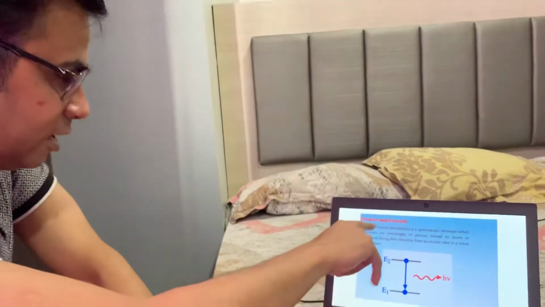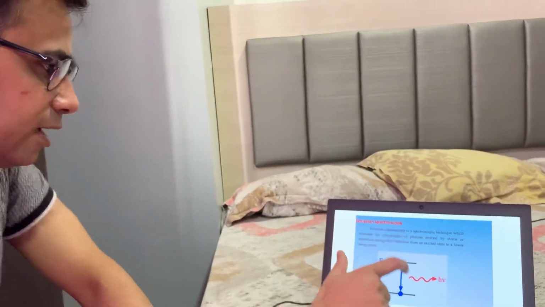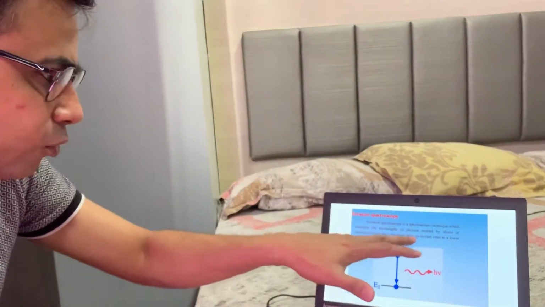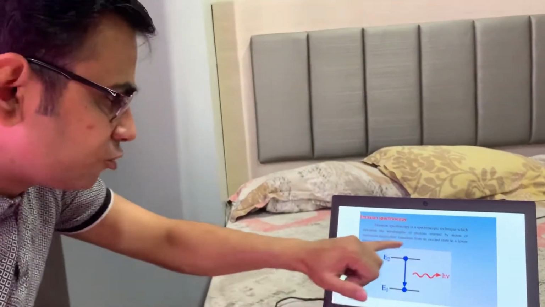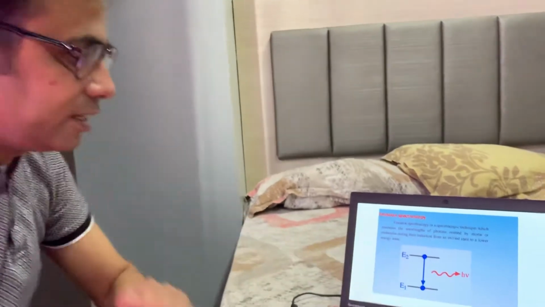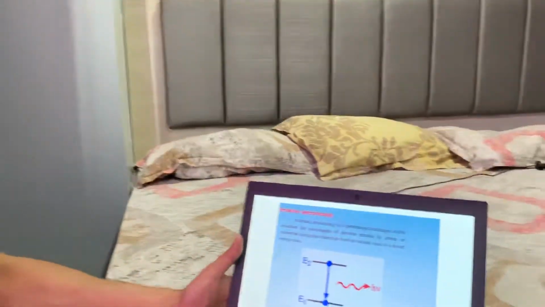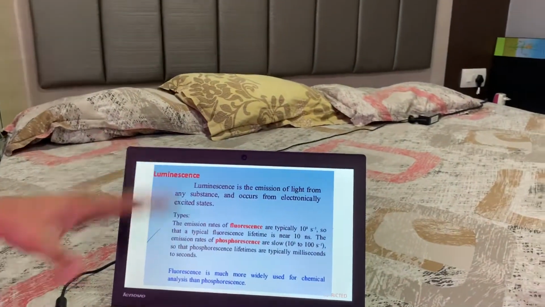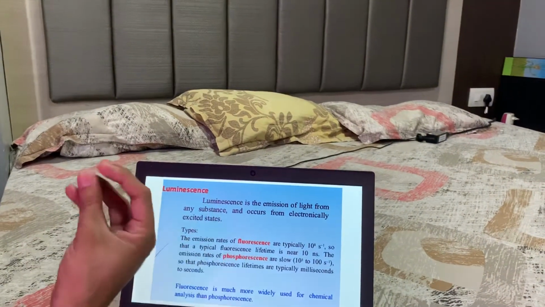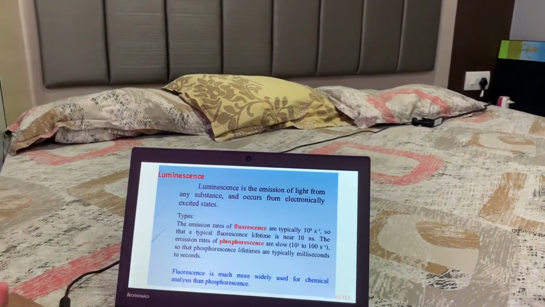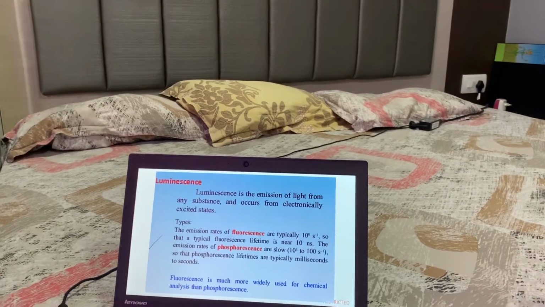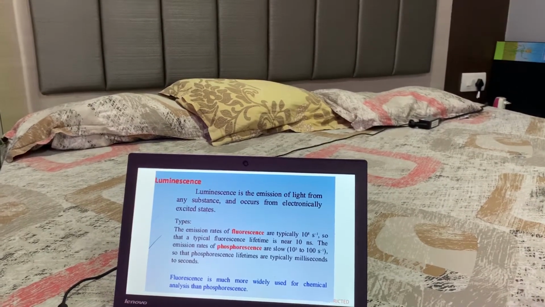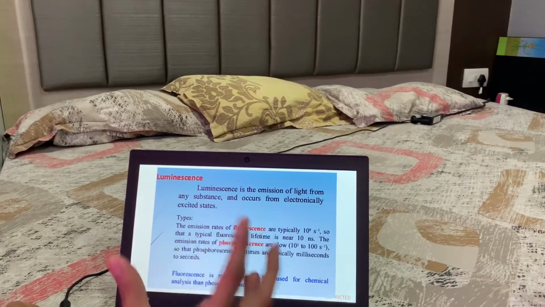Emission spectroscopy examines the wavelength of the photons emitted by molecules during their transition from an excited state to a lower energy state. As I told you before, luminescence is the emission of light from any substance that occurs from an electronically excited state, and this is called fluorescence.